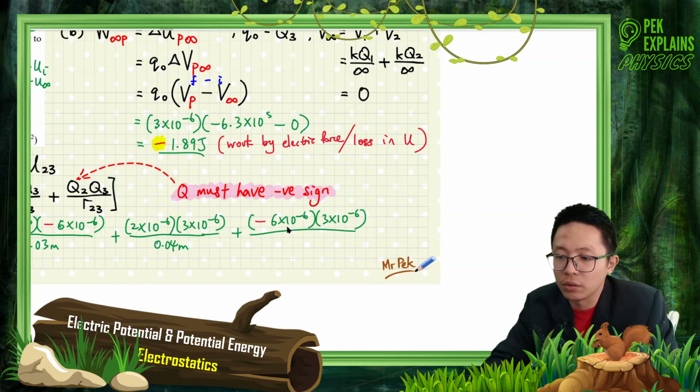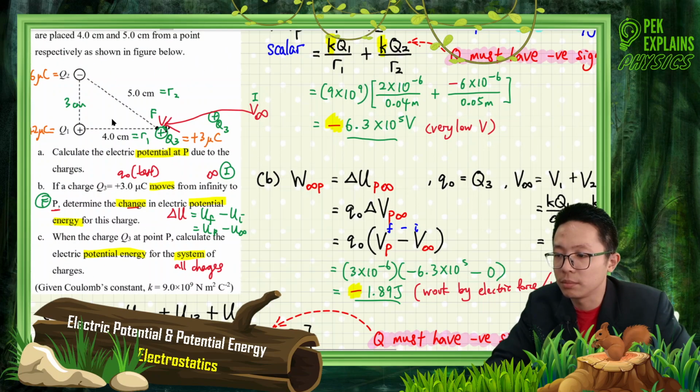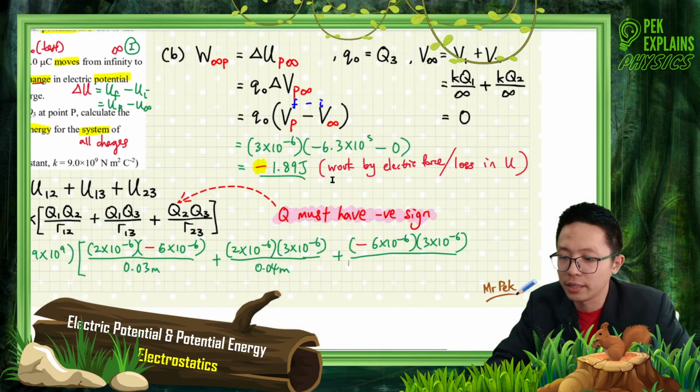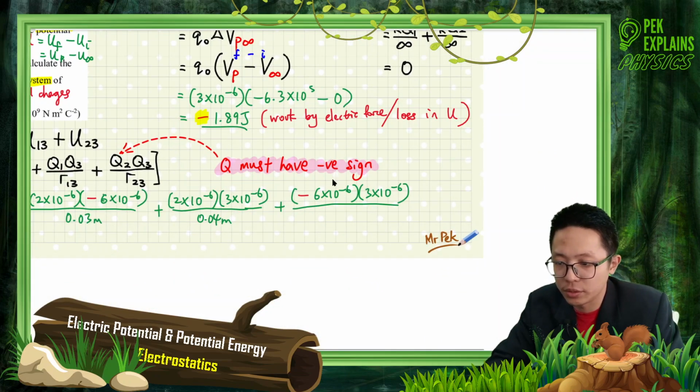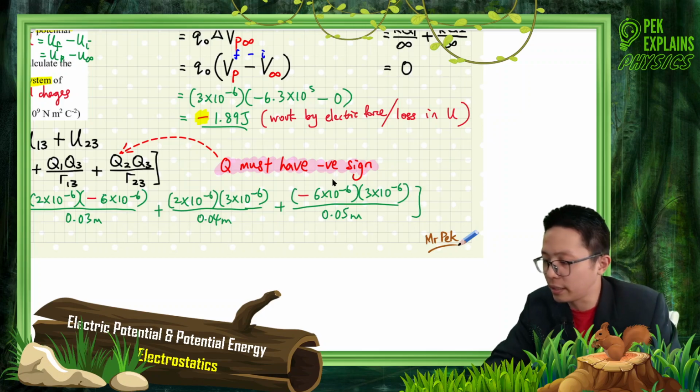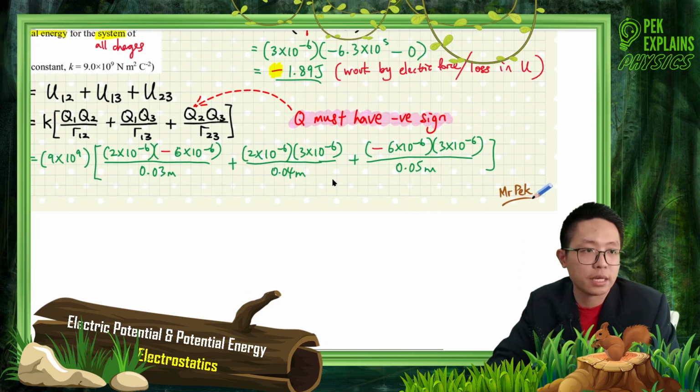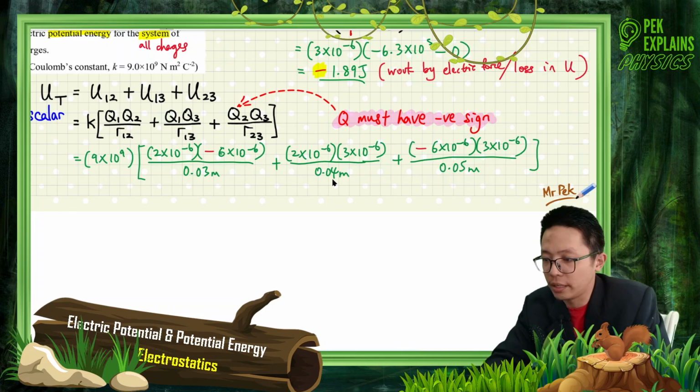What's the distance between them? The distance is 5 cm, which is 0.05 meter. Okay, so I have everything. Now I just calculate, and I get the answer negative 5.49 joule.